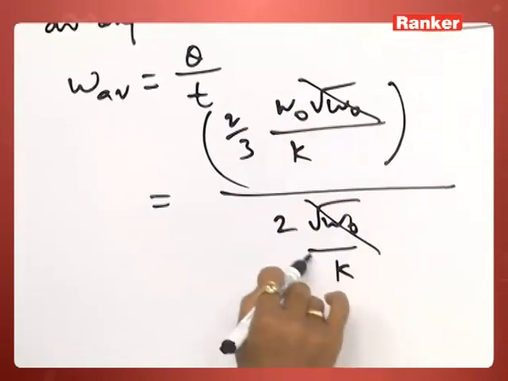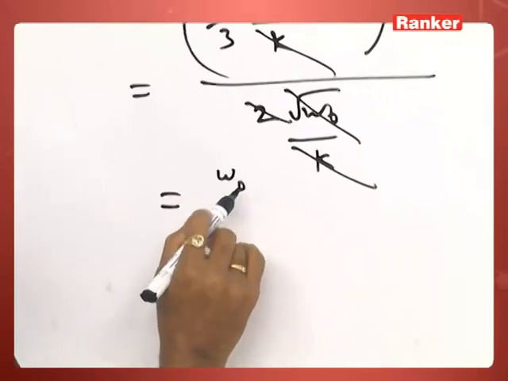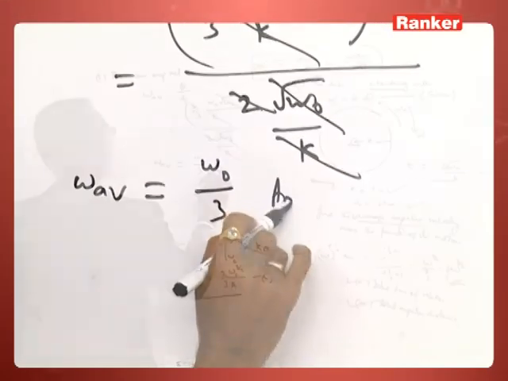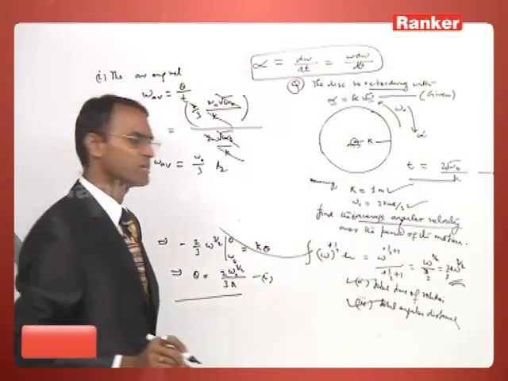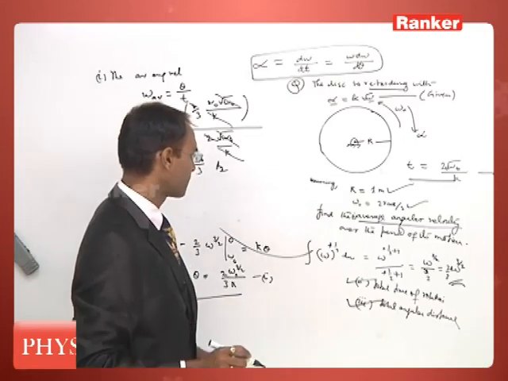This will get cancelled, k will get cancelled. You are getting a very cute answer, omega naught by 3. The answer is very beautiful, a question for all the entrance examinations you are appearing for.